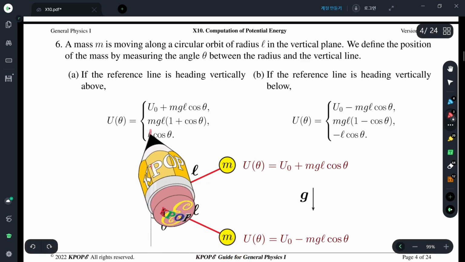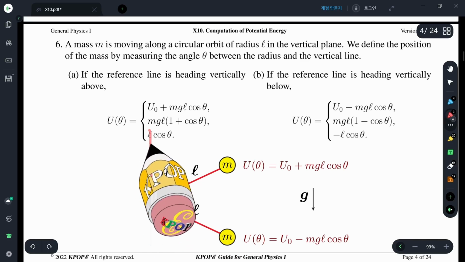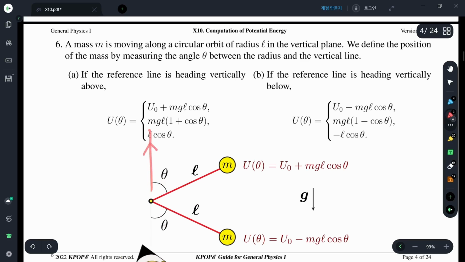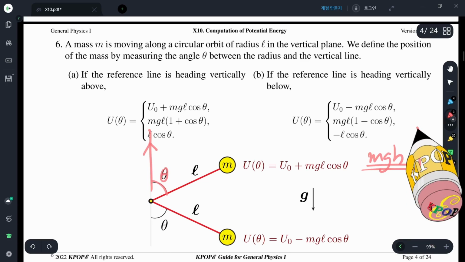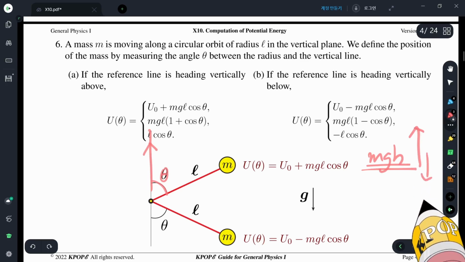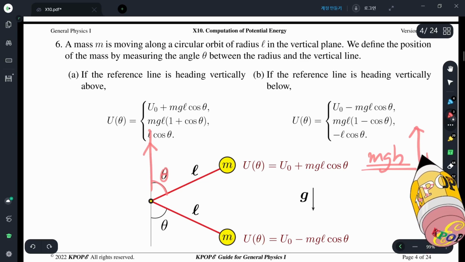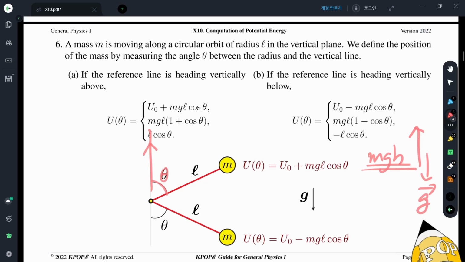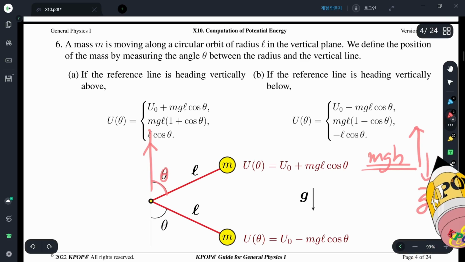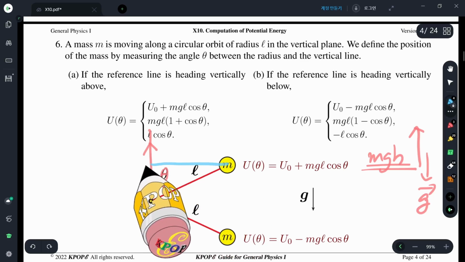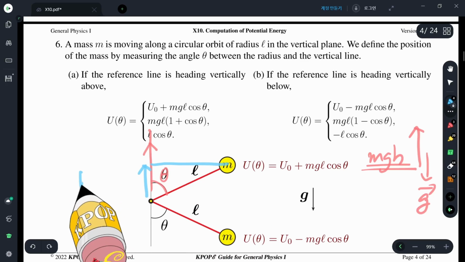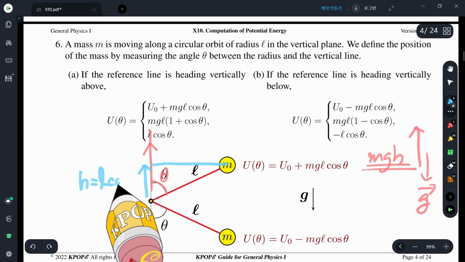If we use this vertical direction going above, then this is the angle theta, and we know mgh is the potential energy, and h means opposite to the gravitational field. So that opposite direction, when angle theta is given here, is this. So h is L cosine theta.